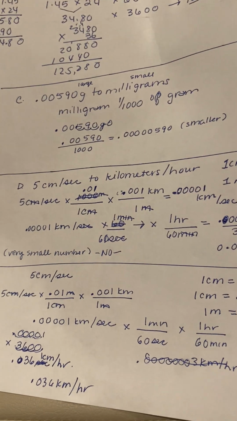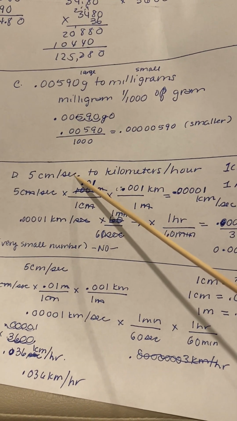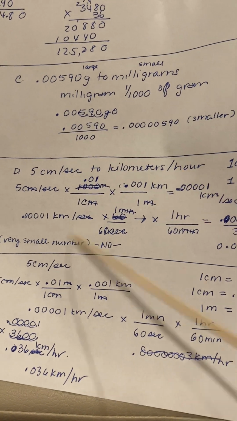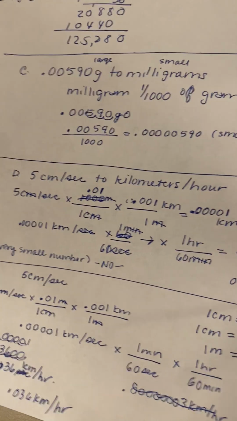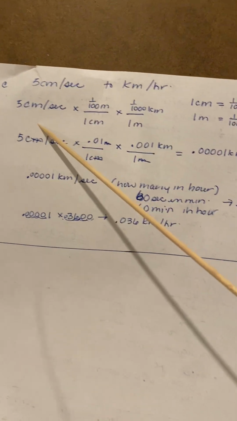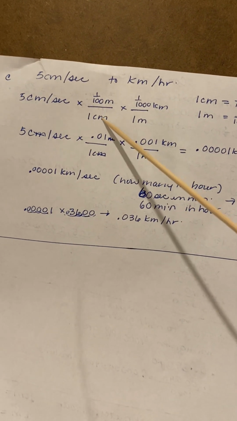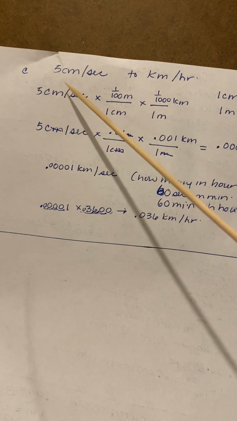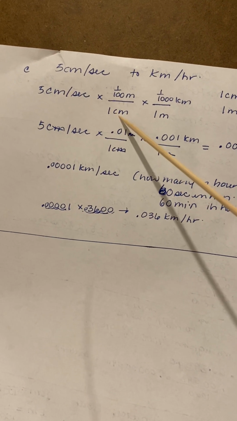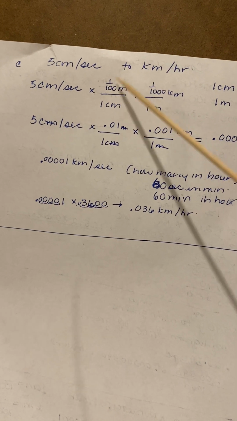So here we have 5 centimeters per second to kilometers per hour. This one's kind of a hard one, so I did this a couple times, but here's how you do it. So 5 centimeters per second. Okay, how many meters is that? 1 centimeter is 1/100th of a meter, right?